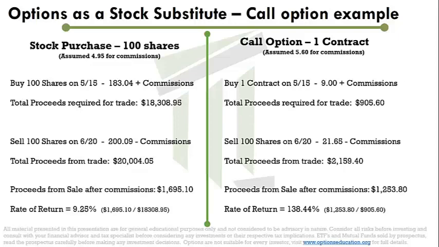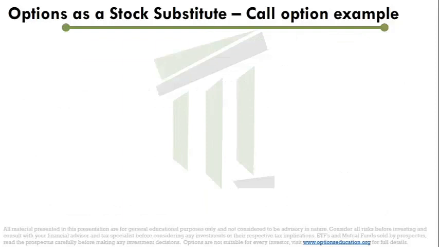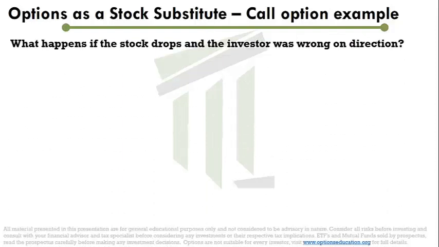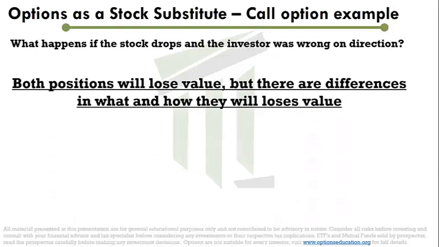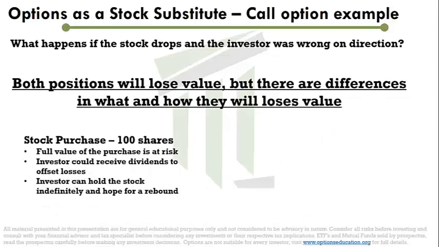One of the important things to remember about this call option example is that the underlying security must have a directional bias. That directional bias is an important part of identifying what we're going to do. If the stock drops in the wrong direction, they will both lose value, but there are differences in how they lose value. In the stock purchase, the full value of the purchase is technically at risk.